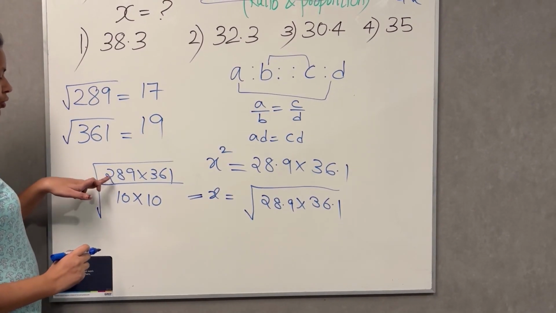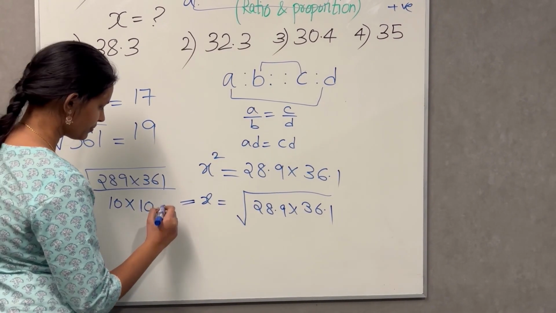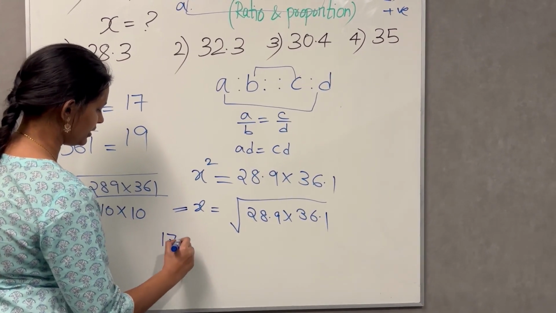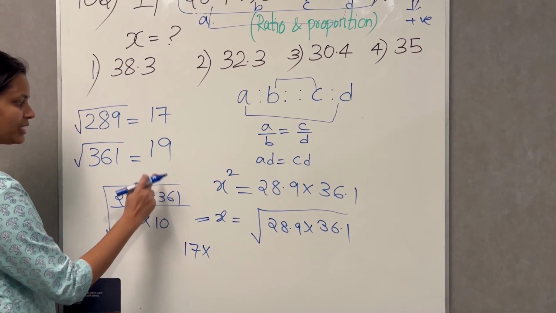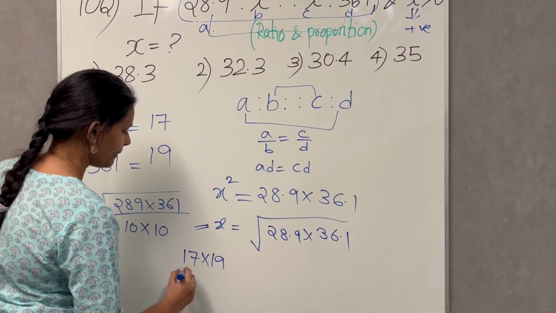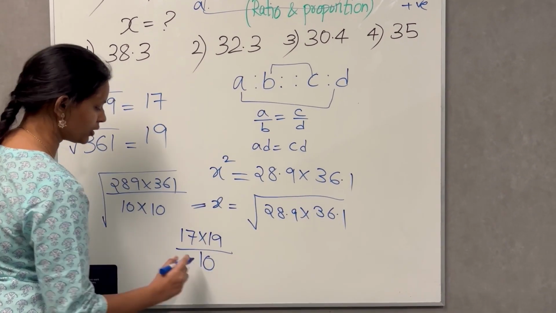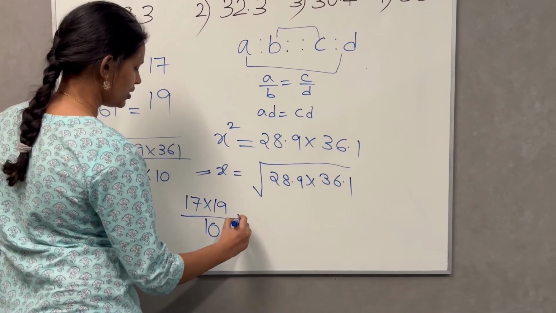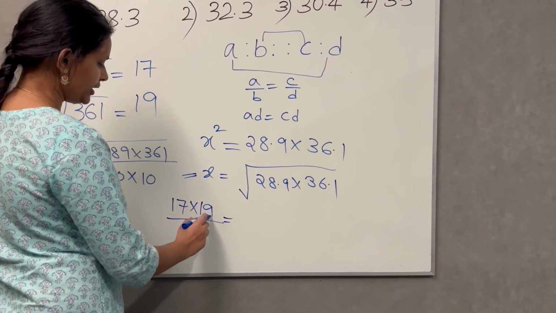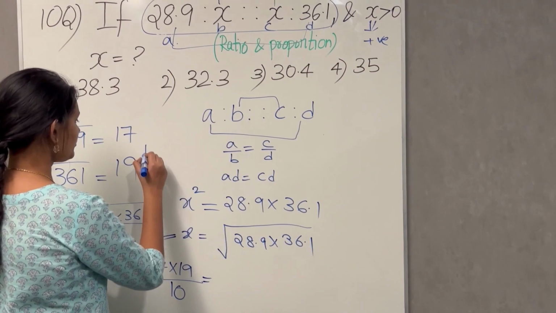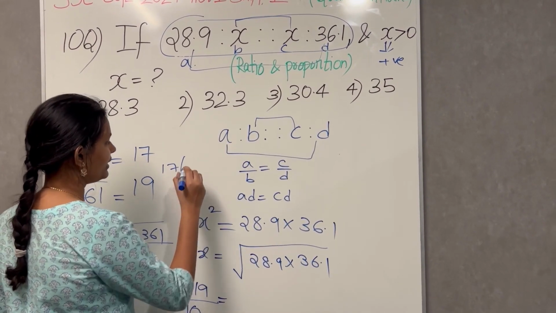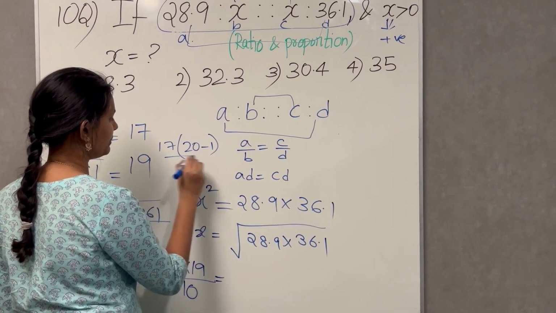Here, the root of 289 is 17, so we'll equate 17 into the root of 361, which is 19, divided by the two 10s. We can take one 10 because it is a square root. So 17 into 19 by 10. 17 into 19 we can write as 20 minus 1 by 10.